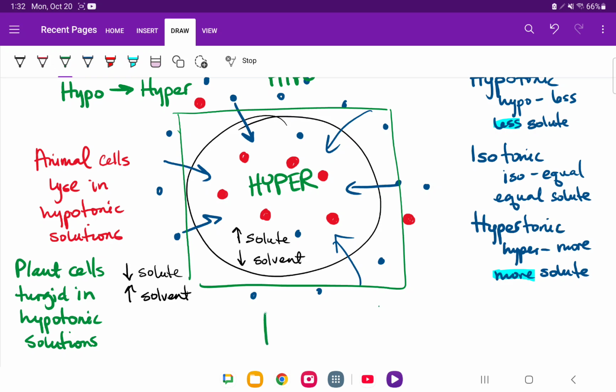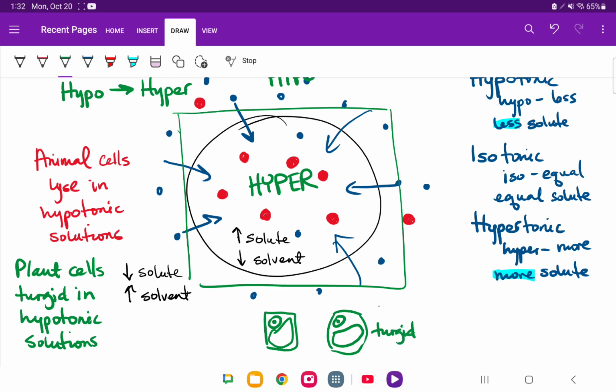So let's say this was your plant cell originally. Once you have a turgid cell, it kind of looks like it's bursting at the seams. So this is a turgid plant cell.